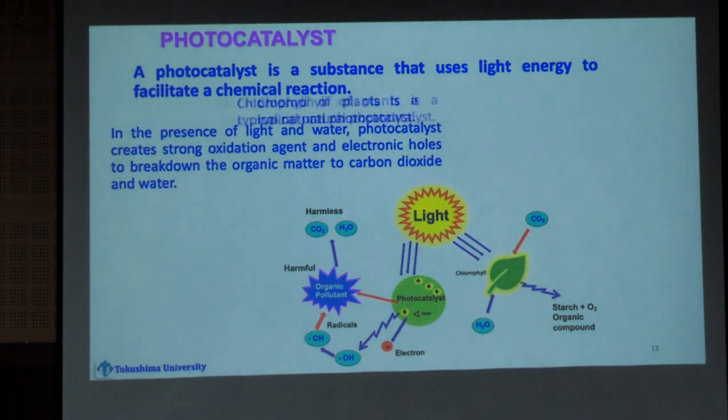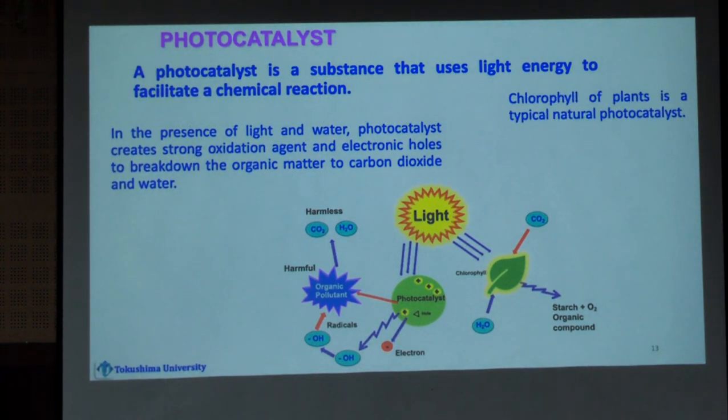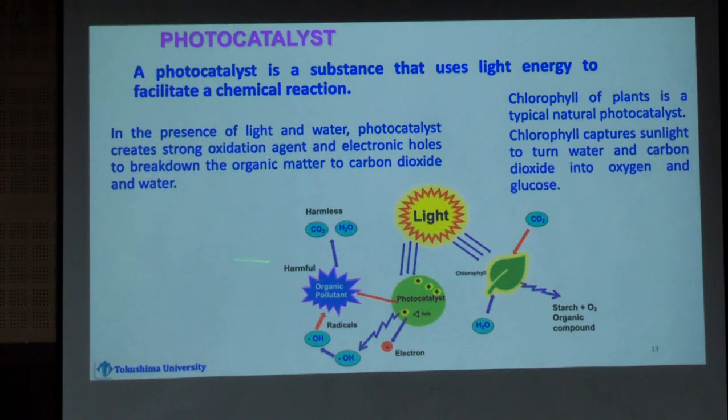This is the basic principle of photocatalysis. I will explain in more detail how photocatalysis occurs. This photocatalysis is totally based on photosynthesis.